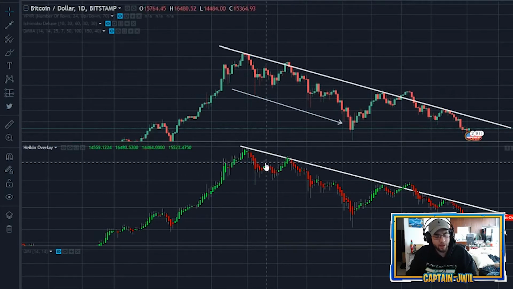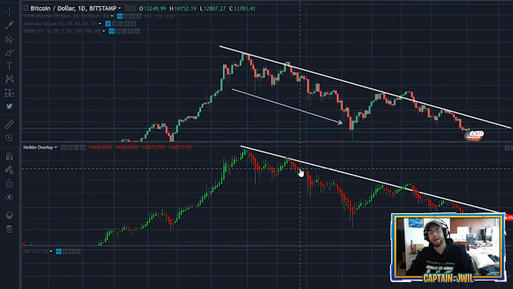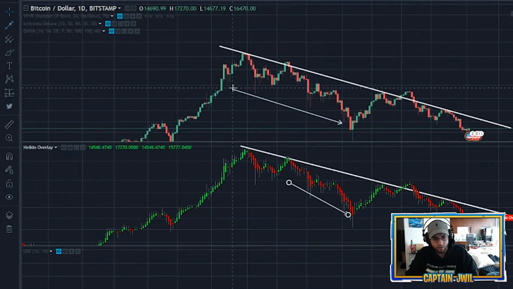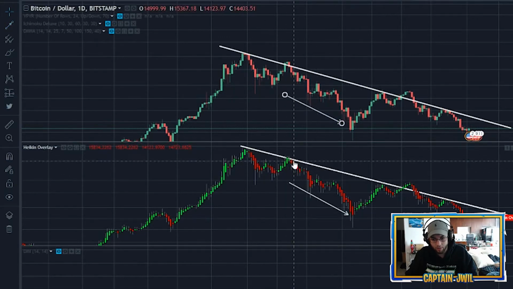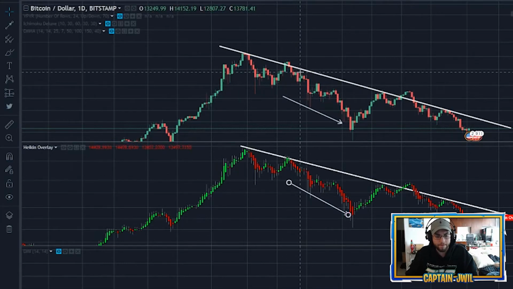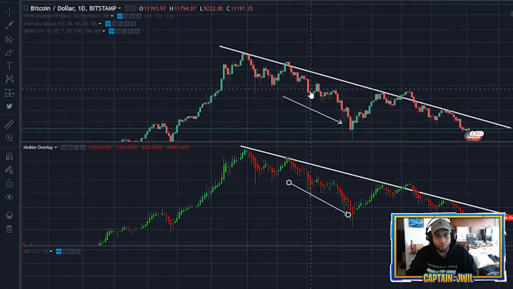So if you apply the Heikin Ashi candlestick formula to the candles, it gives you a better sense of where the price is actually heading. You can see on this down stretch right here, in particular, so from about, what was this, 14,000? Yeah, 14,000 to 7.5 thousand. You can see a lot of smaller green and red candles jumping up and down, kind of making its way down.